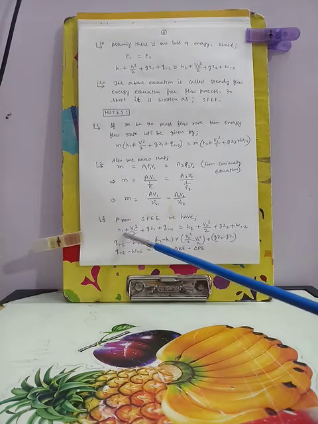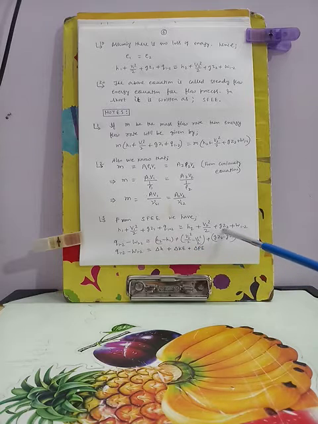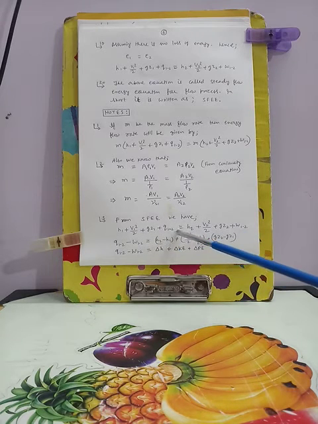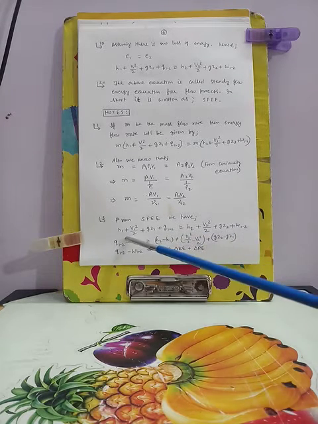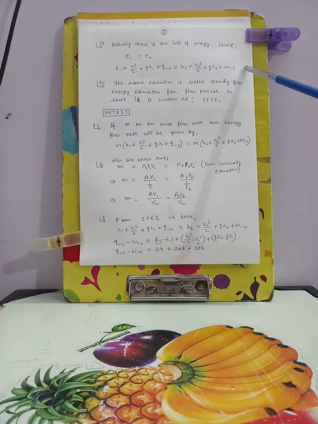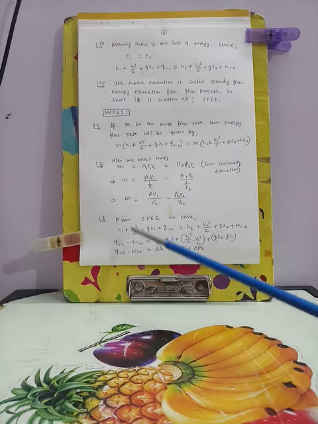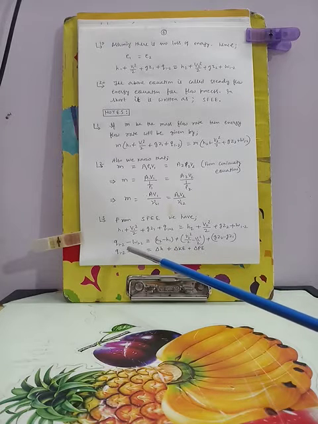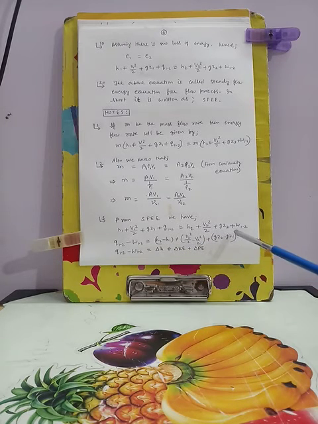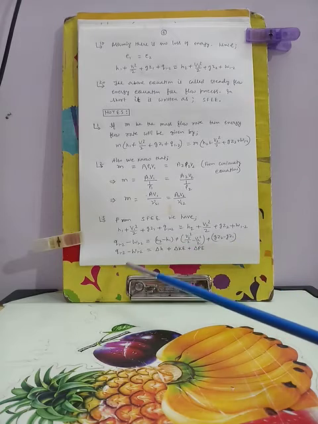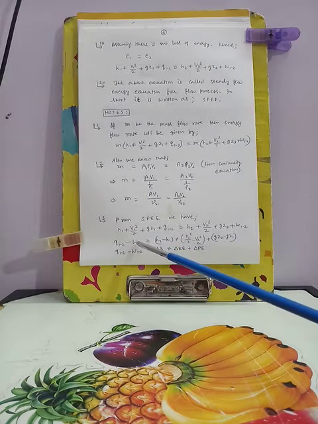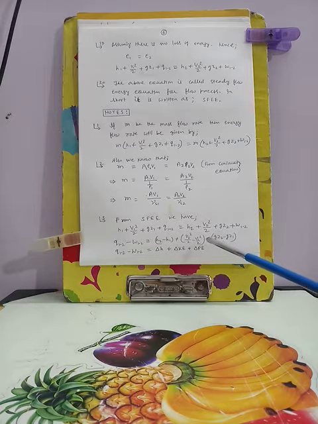We have already derived this equation. I am simply writing the steady flow energy equation here, which we had derived. Now I am rearranging this equation. I am taking the work done by the system this side and all the other types of energy and enthalpy this side.